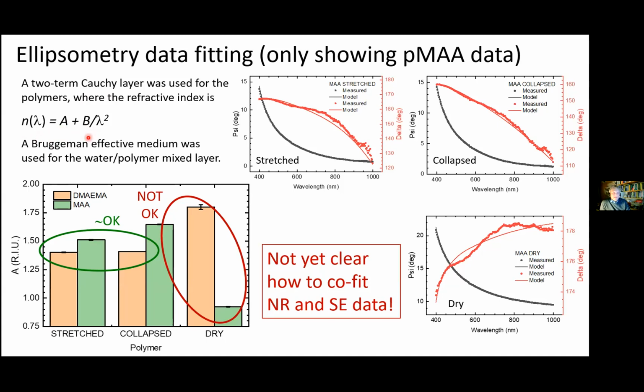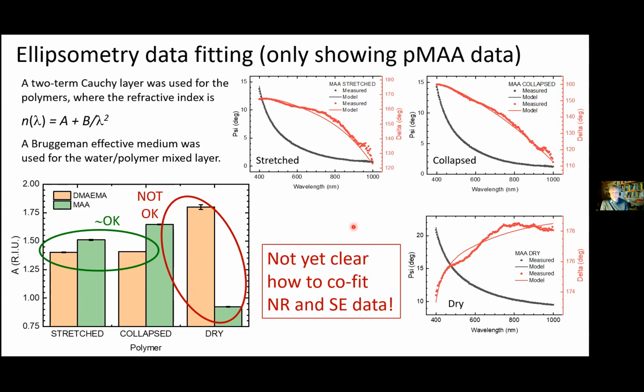If we look at the A values, we get sensible A values for the polymer in some cases. These are under wet conditions, but not under dry conditions. If you look at the fits, you see that it doesn't really fit the data very well. So, to cut a long story short, we do not yet know how to do this fitting, but this is something we're working on.